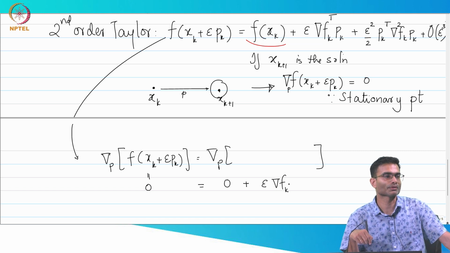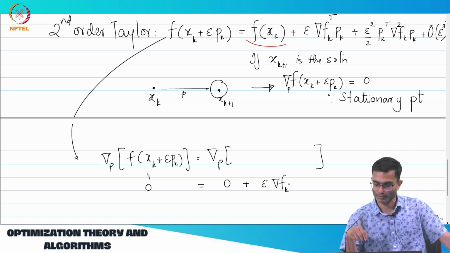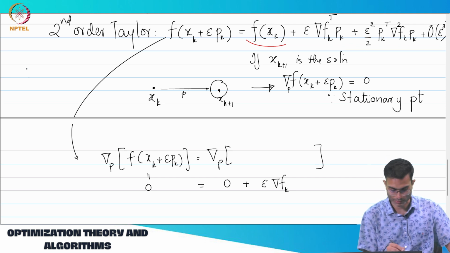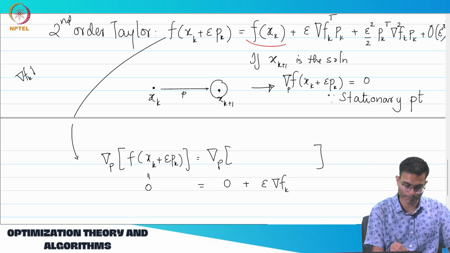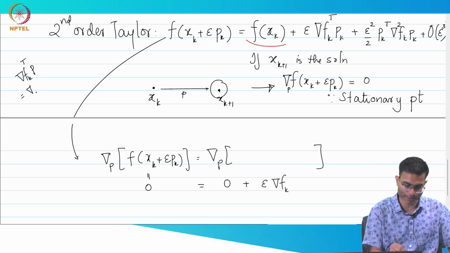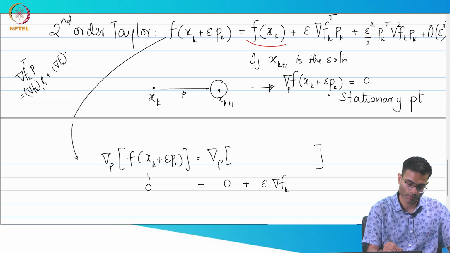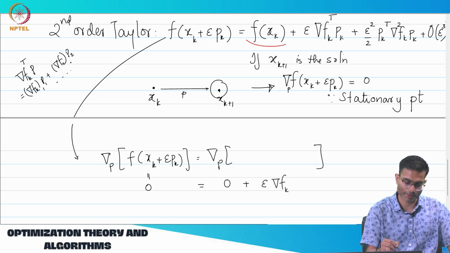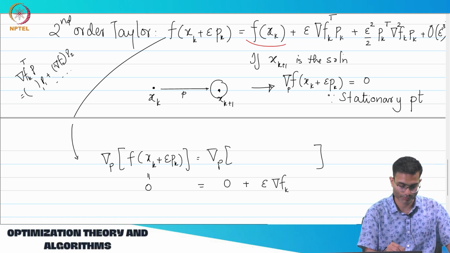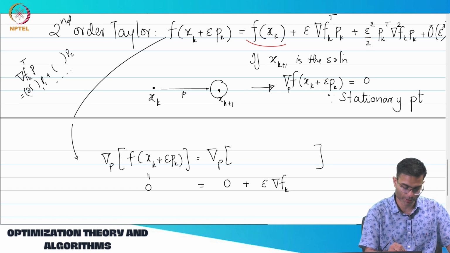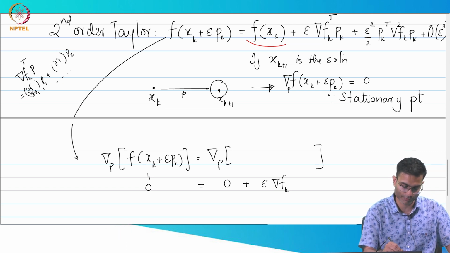How do we do this? Remember grad of fk pk. What is that going to be? Grad fk 1 p1 plus grad f2 p2 and so on, right? Or if you want to be even more explicit, this is going to be df by dx1, df by dx2 and so on.